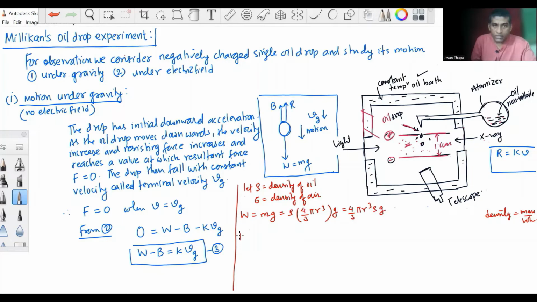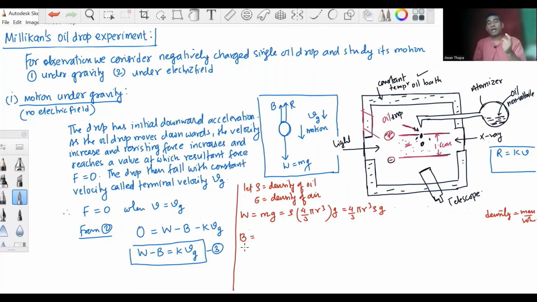and buoyant force B equals, okay, so we have to find the buoyant force. What we find is that the oil drop replaces the same volume of air, isn't it? So the buoyant force is for air.